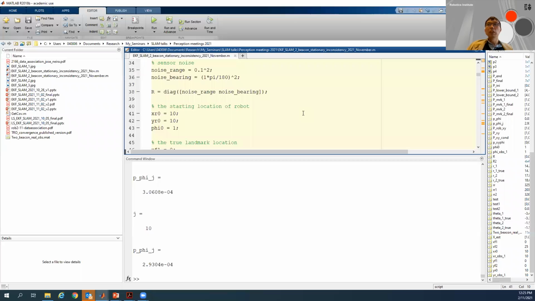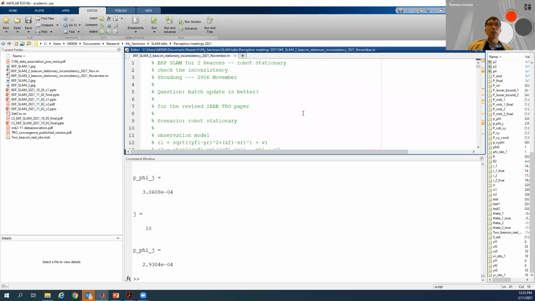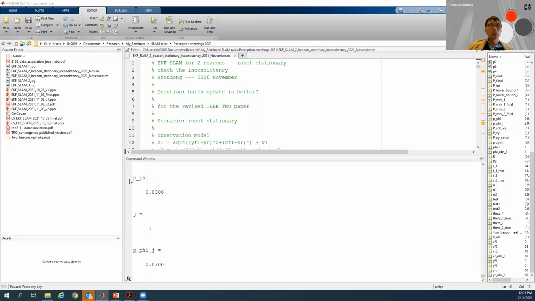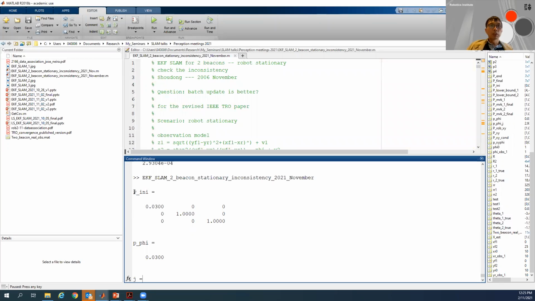This is the code sent to you. If you run this, the initial covariance matrix of the robot is this. The first element is about the orientation. The second and third elements are about the position. So the initial uncertainty is 0.03.